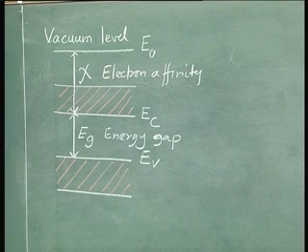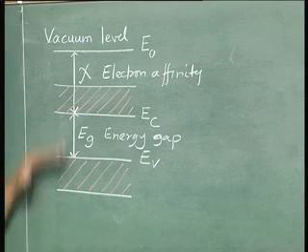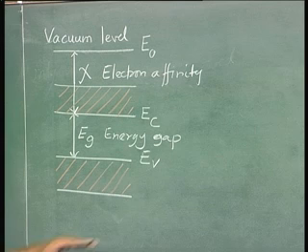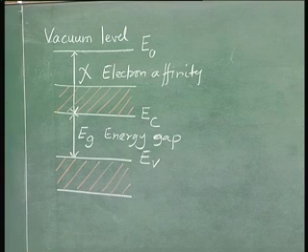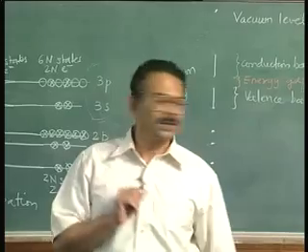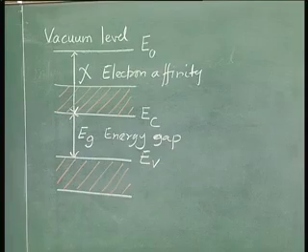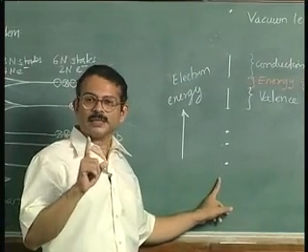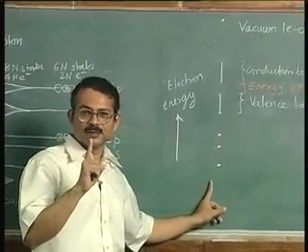So please note that when the levels are drawn in this manner, the x axis here does not indicate distance. You should not think that this indicates distance, okay, because as we have said, strictly speaking, this is the correct diagram, because you are drawing the allowed energies at a particular separation.